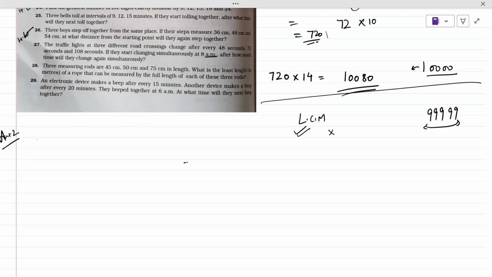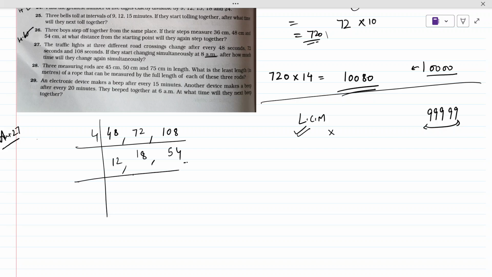We have 48, 72, and 108. Okay, so let's try this with 4. This is 12, this is 18, and 27. Now what we have next is 4.